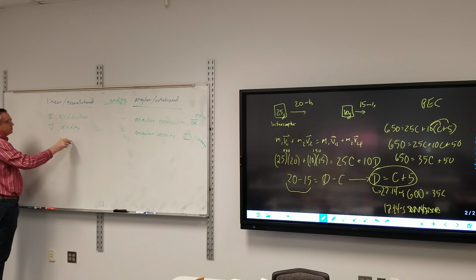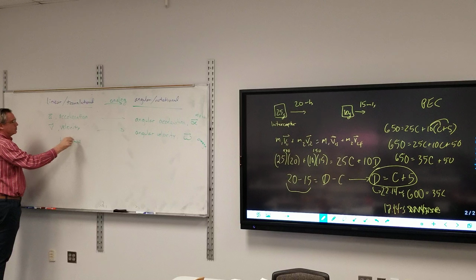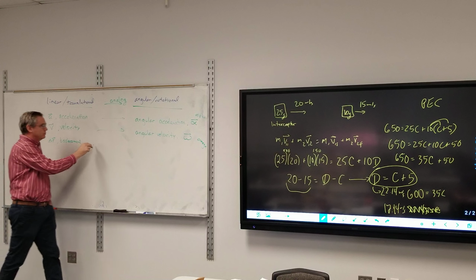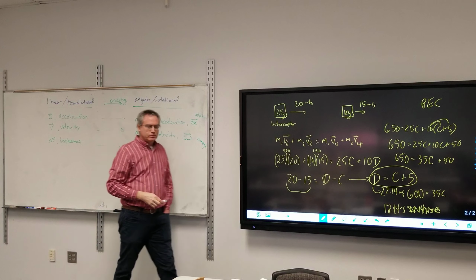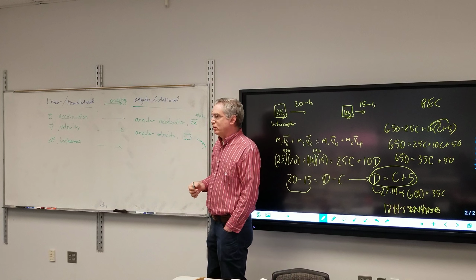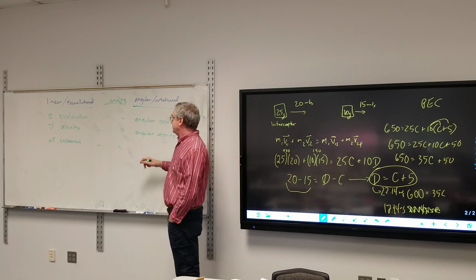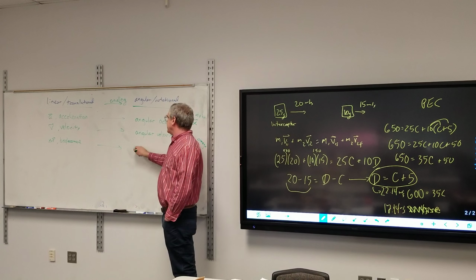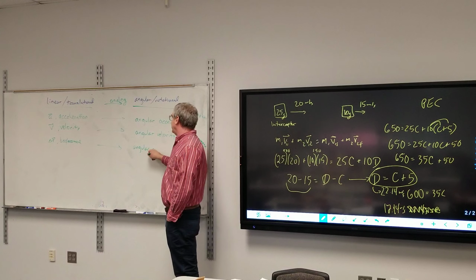Displacement. Whatever letter we happen to be using right now, we'll just go r for now. The rotational equivalent or analog is angular displacement. Although it's usually not called that, angular displacement is fine, so I'm going to write that down.